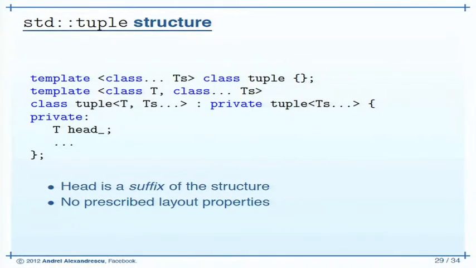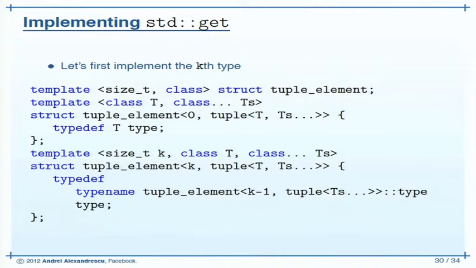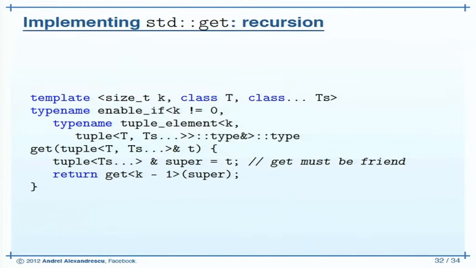The tuple of 4 elements is going to inherit the tuple of 3 elements and add some more stuff to it, and so on, right? So we have this nice layout property. It's not the suffix property, it's a prefix property. So the good tuple has its own smaller tuple as a prefix, right? As a prefix, sorry.